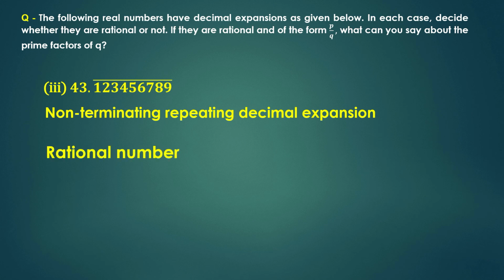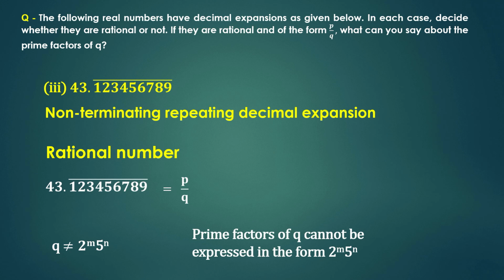Since it is a rational number, it can be represented in the form p by q. But since it is a non-terminating decimal expansion, q could not be of the form 2 to the power m into 5 to the power n. Therefore, we can say that the prime factors of q cannot be expressed in the form 2 to the power m into 5 to the power n.